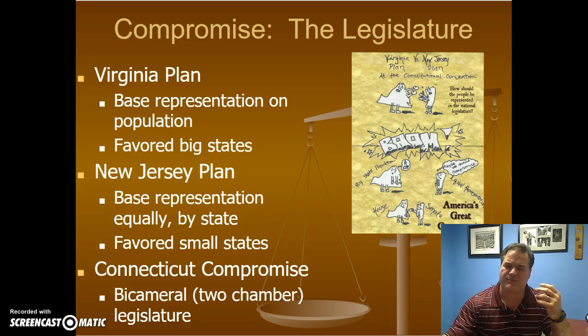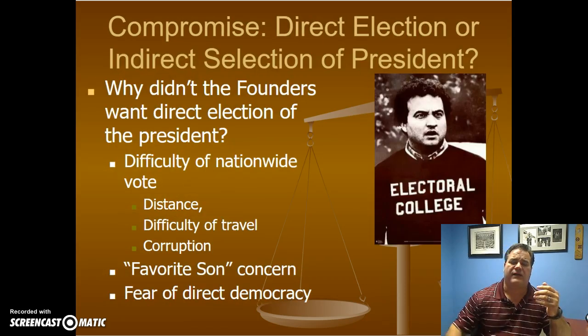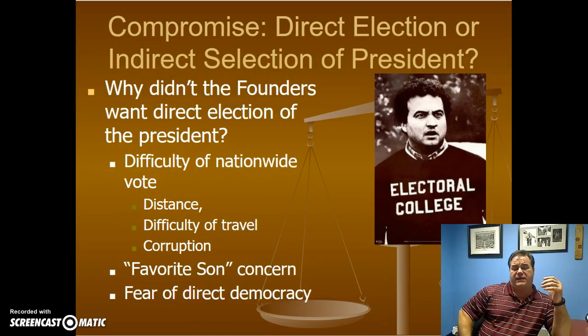This was a big sticking point between the delegates to the Constitutional Convention, and this Connecticut Compromise resolved it. Second compromise was how to select a president. Do you want direct election of the president, or would there be some form of indirect selection of the president?